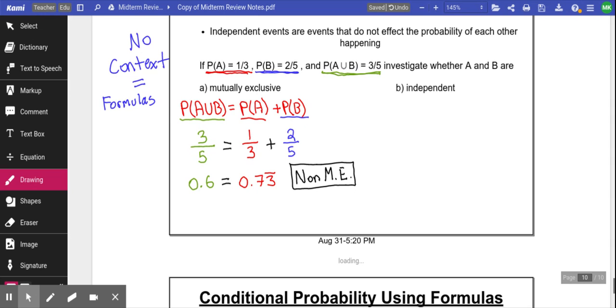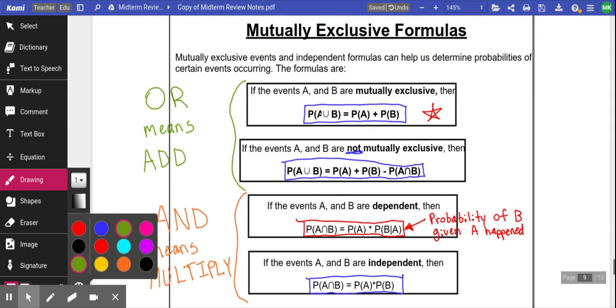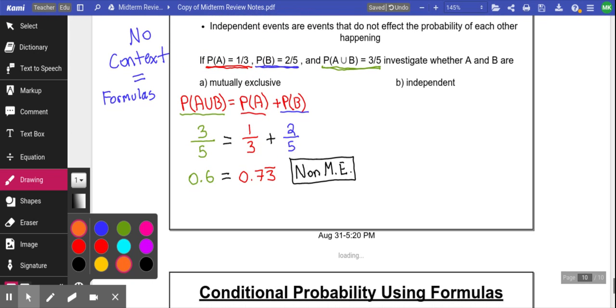Awesome. The reason why the formula didn't work is because we had non-mutually exclusive events, which meant there was some overlap. There was a possibility of A and B happening, and we've double counted it. So when you have non-mutually exclusive events, this gap right here in between these two numbers is the probability of A and B. So for us, this means we can actually calculate something.